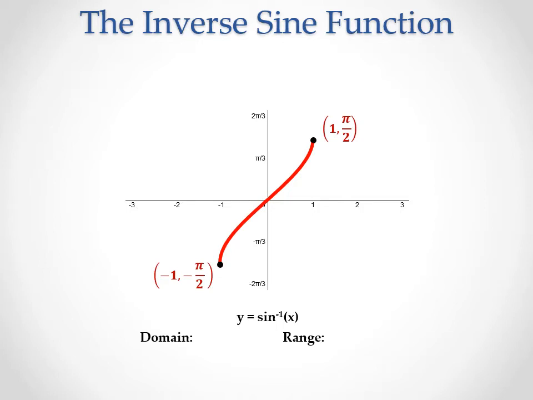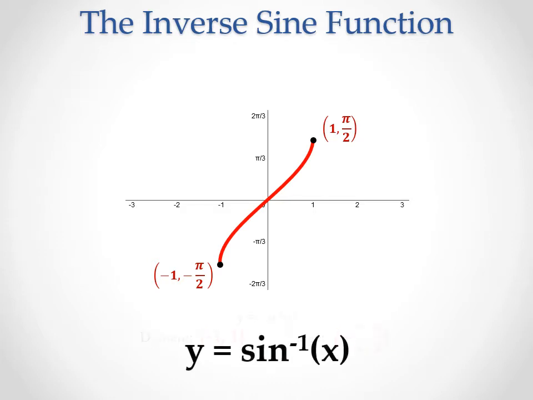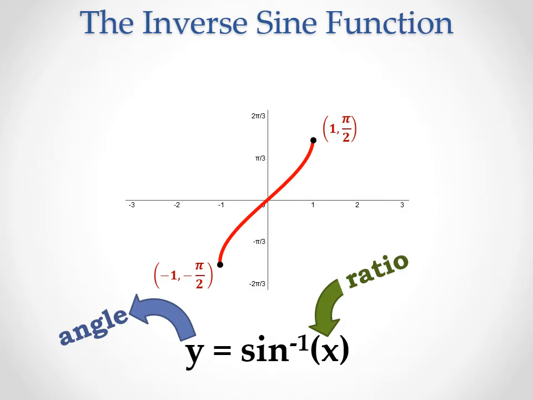So this is why we have to restrict it. Originally, from negative pi over 2 to pi over 2, that would have been the domain, but now we're doing the inverse, so they flip-flop. So the range, or the output from the inverse sine, remember the output is the angle, so the angle output from the inverse sine has to be limited to negative pi over 2 to pi over 2. And the domain, the ratios that we're putting into this thing, have to be from -1 to 1.